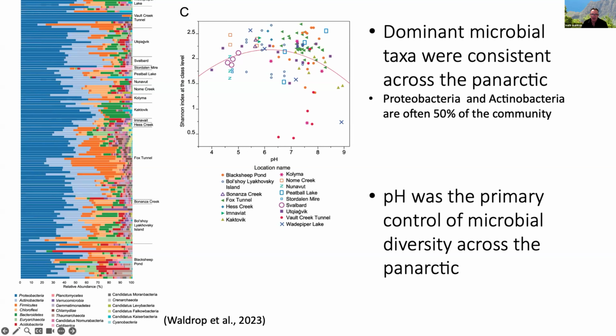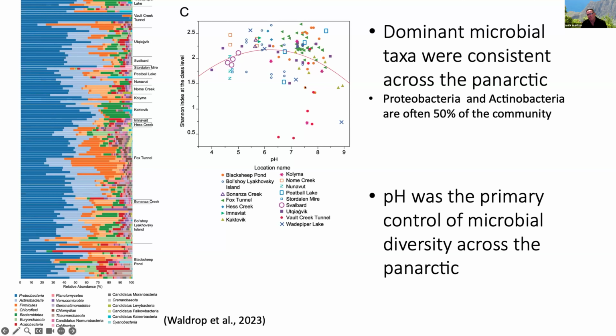And of course, there's lots of variation in various phyla in this space of very low relative abundance, and there are very few outliers. Some of these sites do look like outliers, but anyhow, there's a commonality of the dominant members of the community.